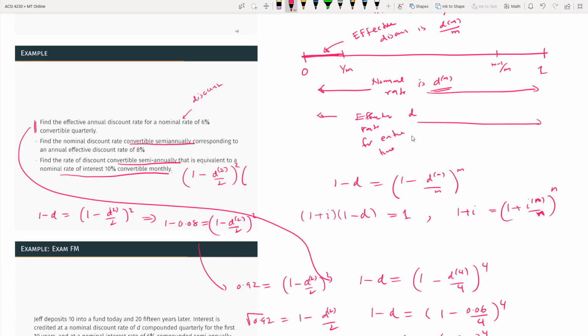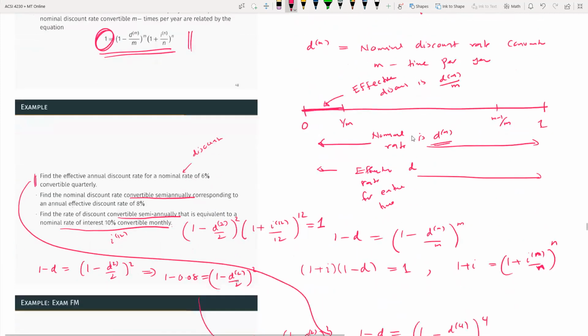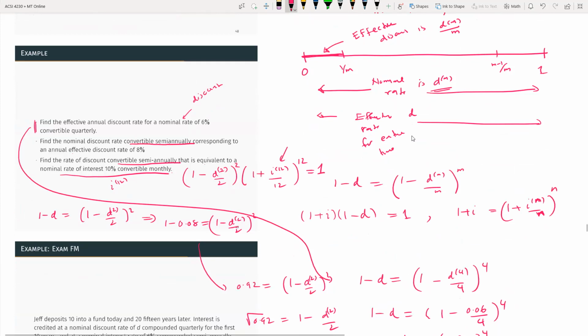And then the other one is a nominal rate of interest, 10% converted monthly, so this is basically I^(12). 1 plus I^(12)/12 to the 12 equals (1 minus D^(2)/2) to the minus 2. That's the formula. Now I^(12) is given, which is 0.1, 10%. So you can solve for D^(2), because that's the only unknown. You have one equation, one unknown, so you should be able to solve for D^(2).